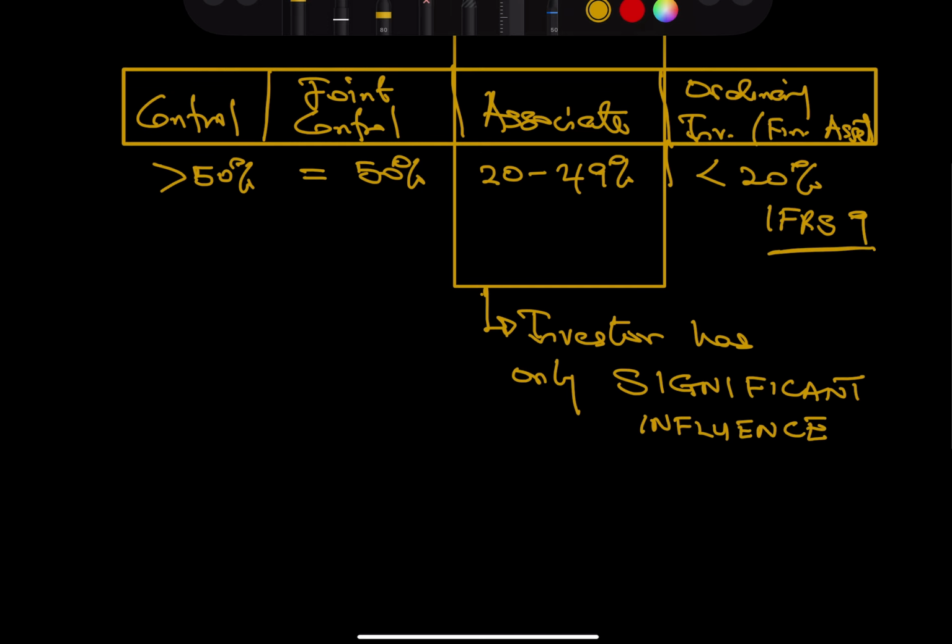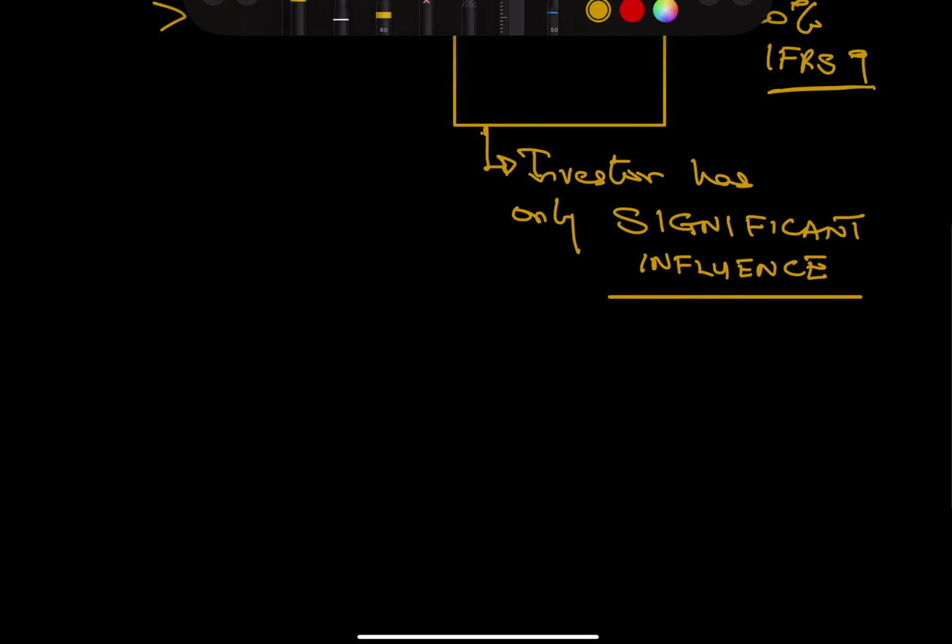When an investor has only significant influence on an investee, then that type of investment is said to be an associate. And how do you know? When you look at how do you know that this is just a significant influence, the first one is what I told you, which is when the interest is just between 20% to 49%.